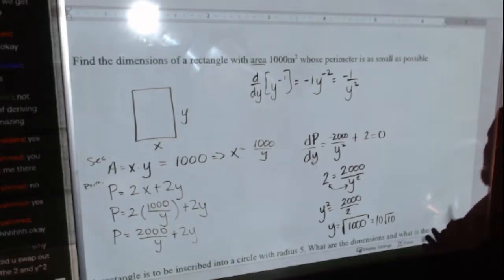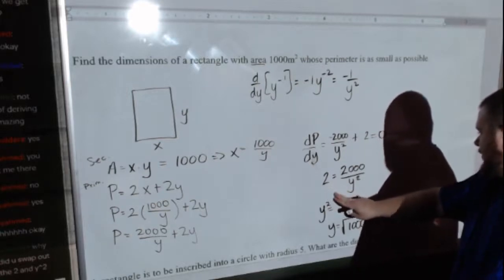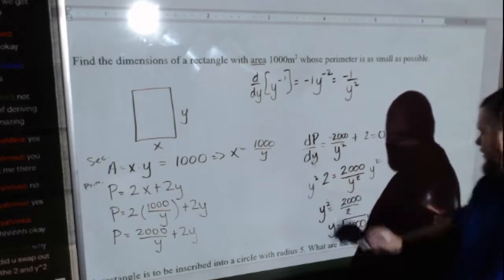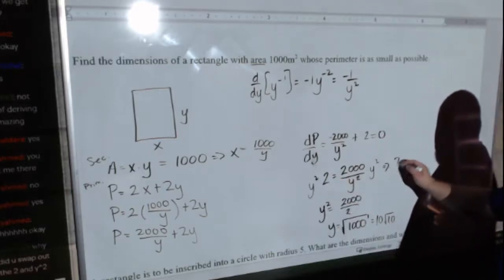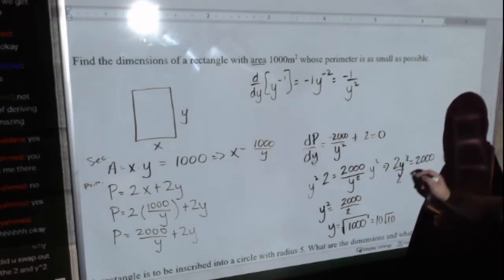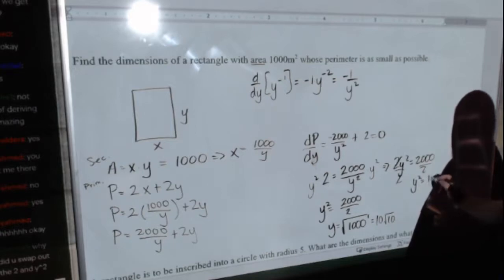So I'm trying to get y by itself, and so if you really wanted, you could come back here and do times y squared, and that would give me 2y squared equals 2,000, and then you'd have to divide by 2, right? Which would give you y squared equals 1,000.